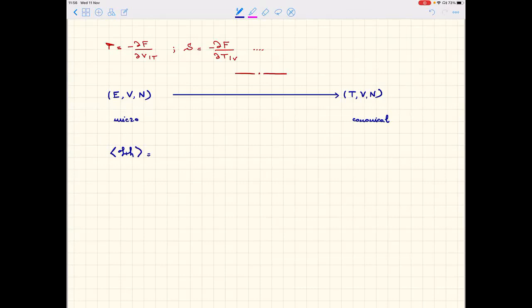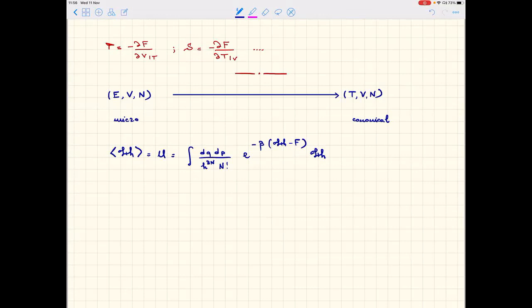All right, so the average energy, which is equal to U, is equal to the integral dq dp over h^{3N} N factorial, e to the minus beta (H minus F), times H. You agree?